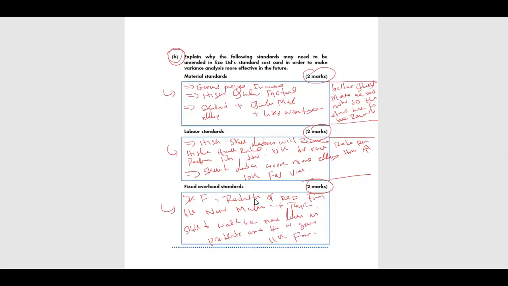The last point we have here is fixed overhead standard. So obviously we're going to do some savings. We'll have some saving for the rent on the storage facilities, and that will reduce the standard fixed cost expenditure in total. Of course, on top of that, any long-term increase in expected production level will reduce the standard fixed cost per unit.